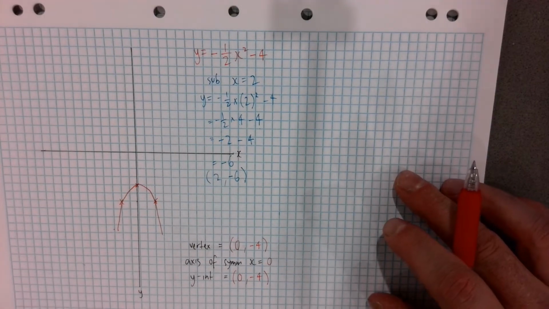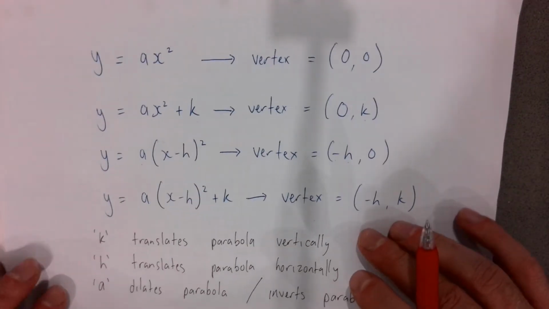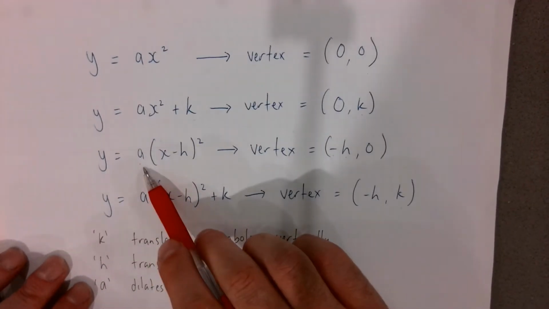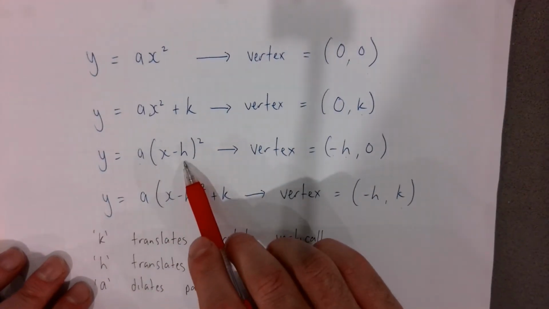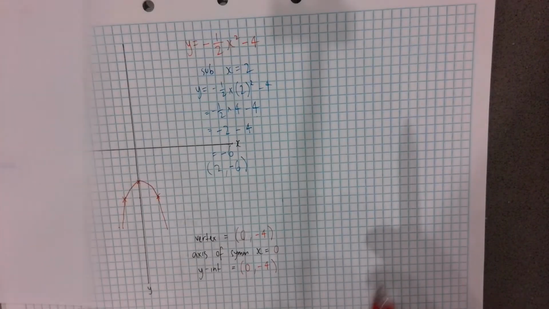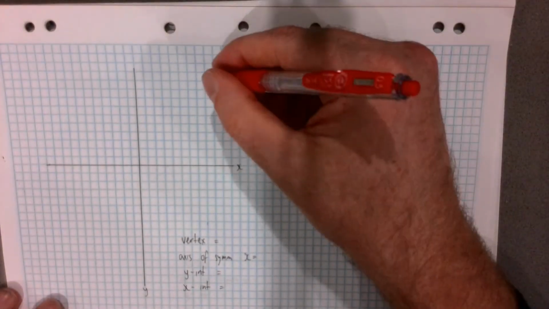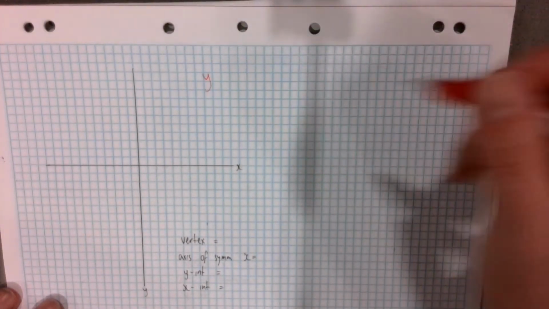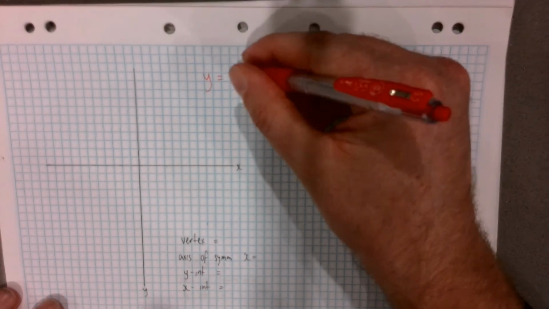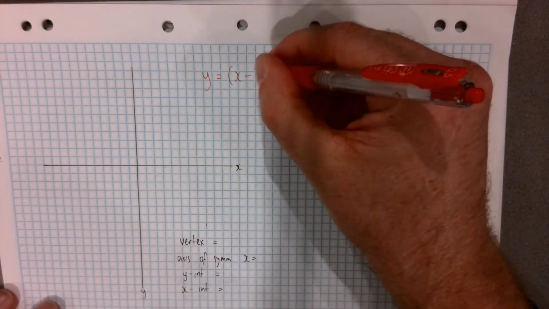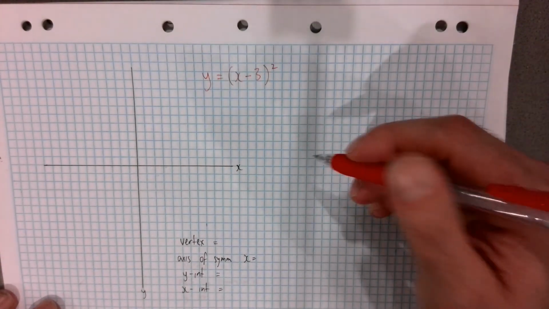Okay, we look at 2 more. Next we're going to look at an equation in the form of y equals a times x take h all squared. And there is going to be, in this case, some horizontal translation. So, let's look at the equation. y equals x take 3 all squared.